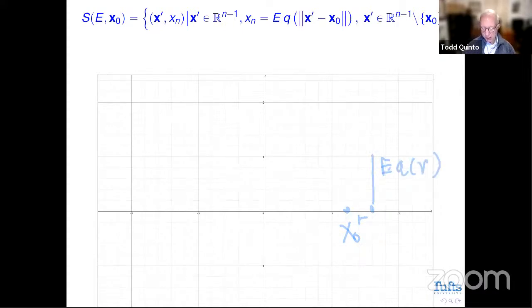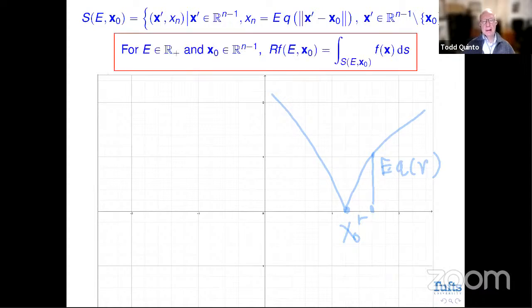That gives us our point, and then we get our surface, and it's symmetric. In R^n, it's just the surface of rotation, so nothing cosmic. Our Radon transform is going to integrate over this surface S of E, x0 in R^n of the function f with respect to surface area measure. Good.